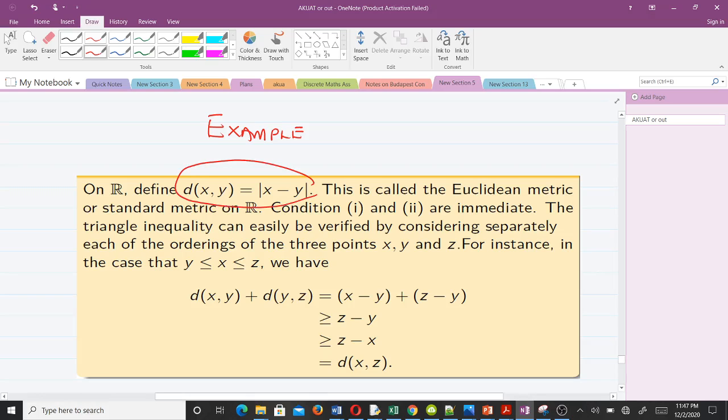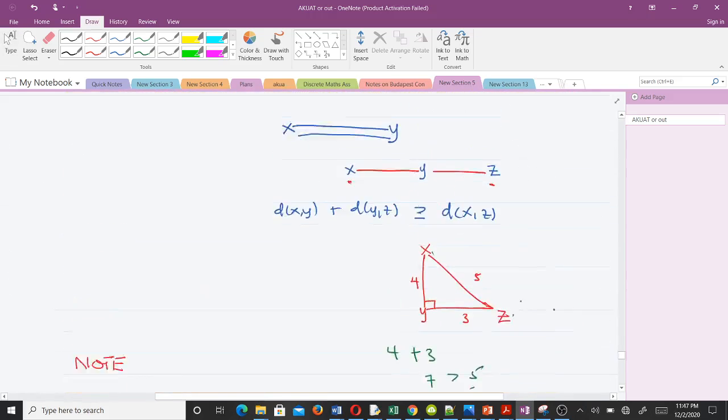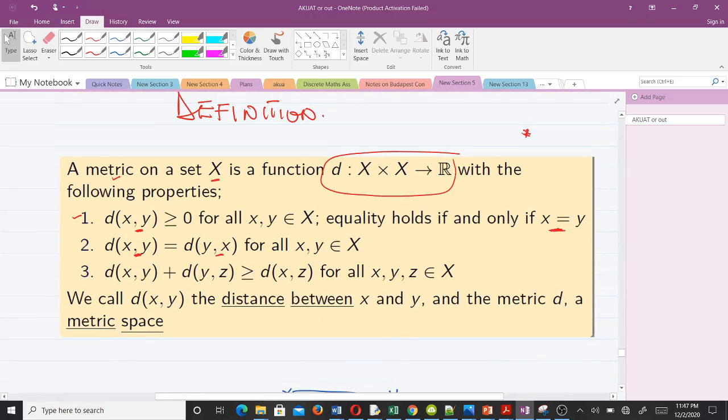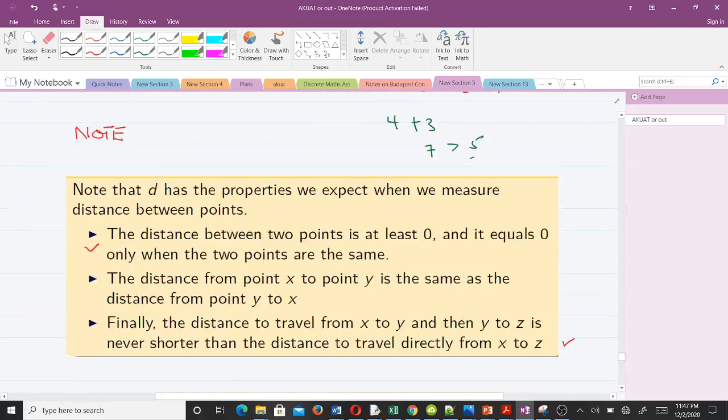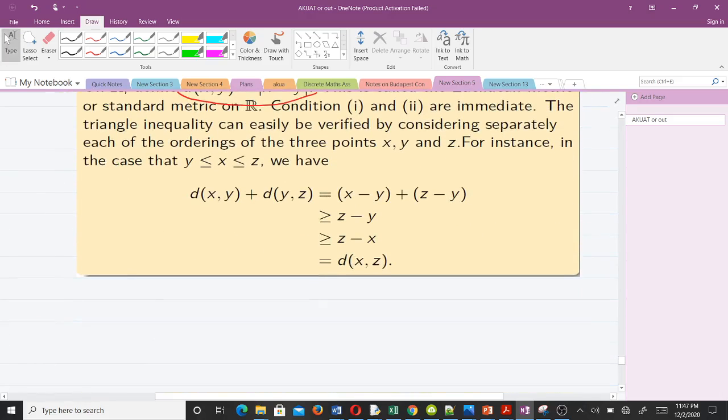So this is called the Euclidean metric or standard metric on R. So conditions 1 and 2 are immediate from the definition, these first two conditions. So you would want to check for condition 3.